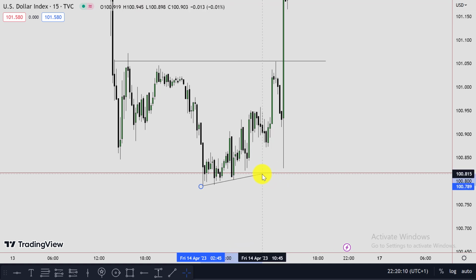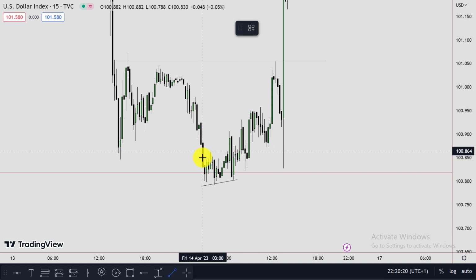Price could not form a lower low here. This is 7:30. Price could not form a lower low, and then price broke structure. Price formed a low, formed a higher low, and then we see a tiny break of structure here.